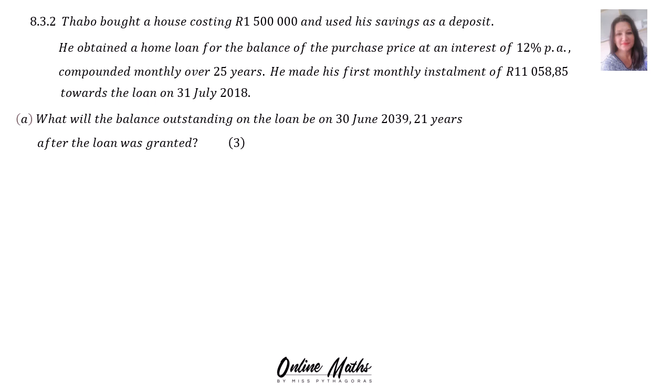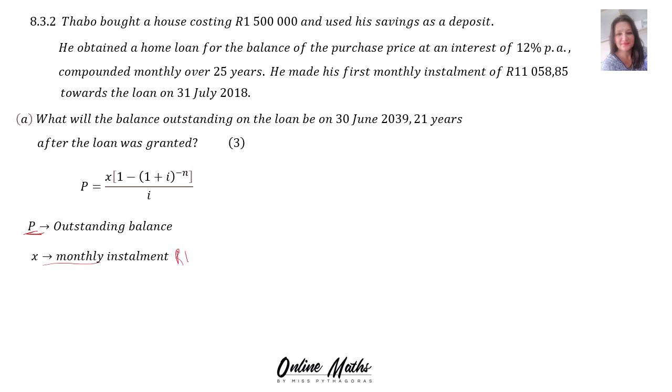So in this sum, we're going to use this present value formula. But let me just quickly explain to you. The P value, that is the outstanding balance. The X value is the monthly installment. In this case, it's the 11,058 Rand.